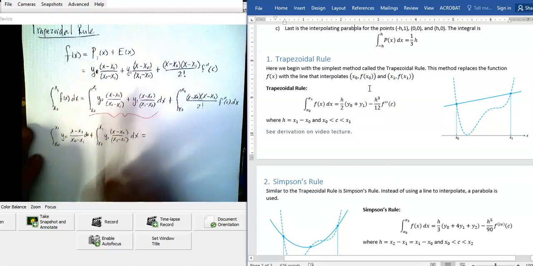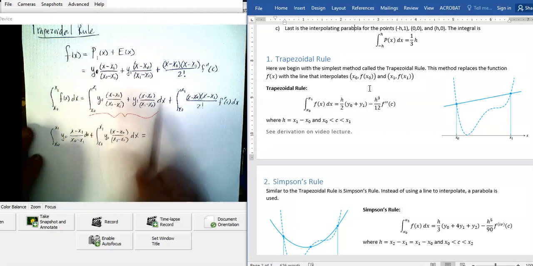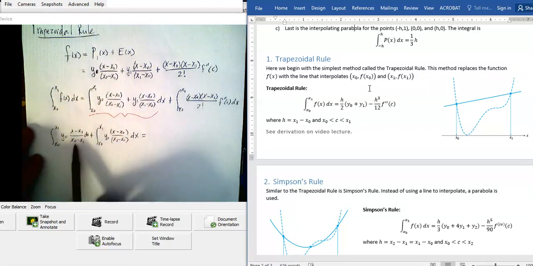Again, we're just looking at the first integral of the polynomial portion here. Based on our previous results, we see that this is just the interpolant for some line.